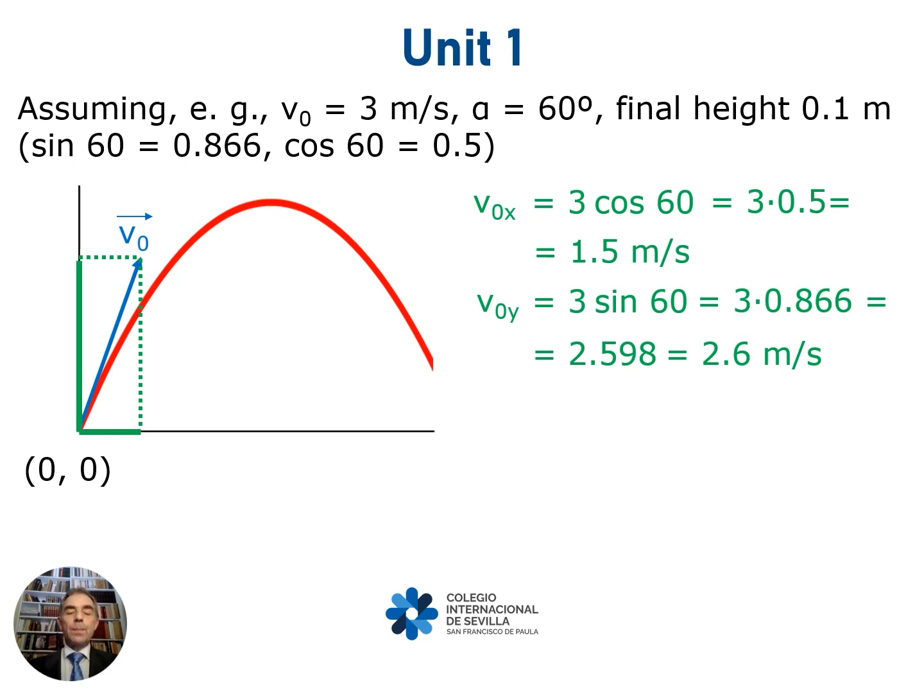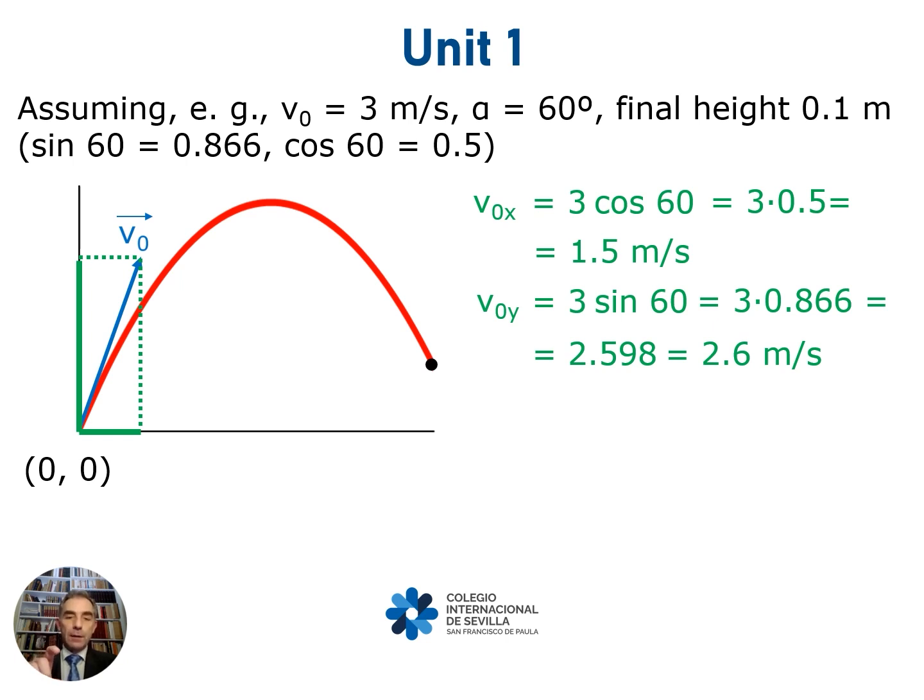We know that we are collecting the jet 0.1 meters higher than it was launched, that the initial speed is 3 meters per second, and that the angle is 60 degrees. We know the final height, but we do not know the final distance from the origin along the x-axis. We will mark that point with a black dot on the scheme.